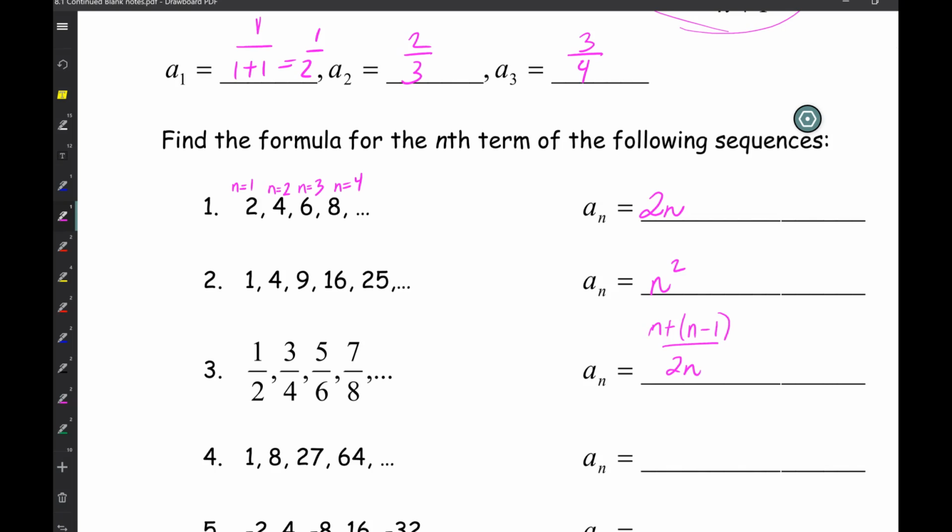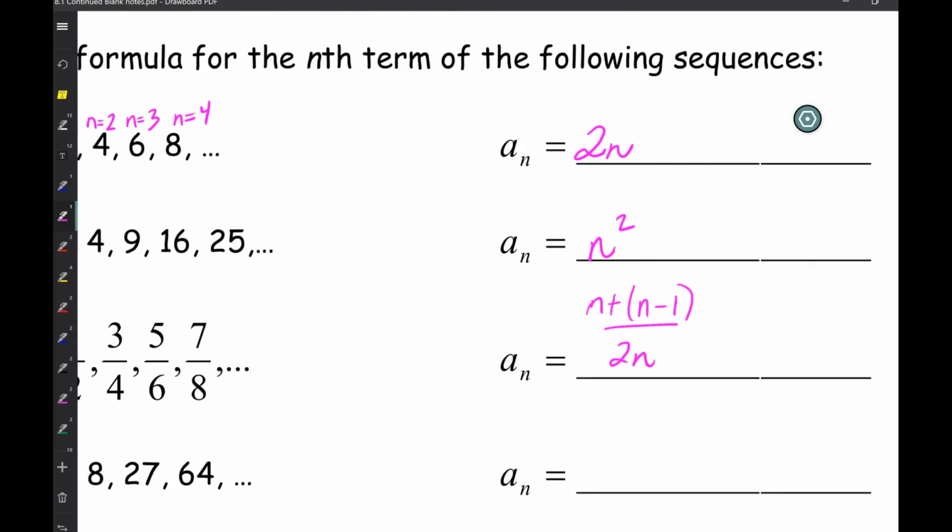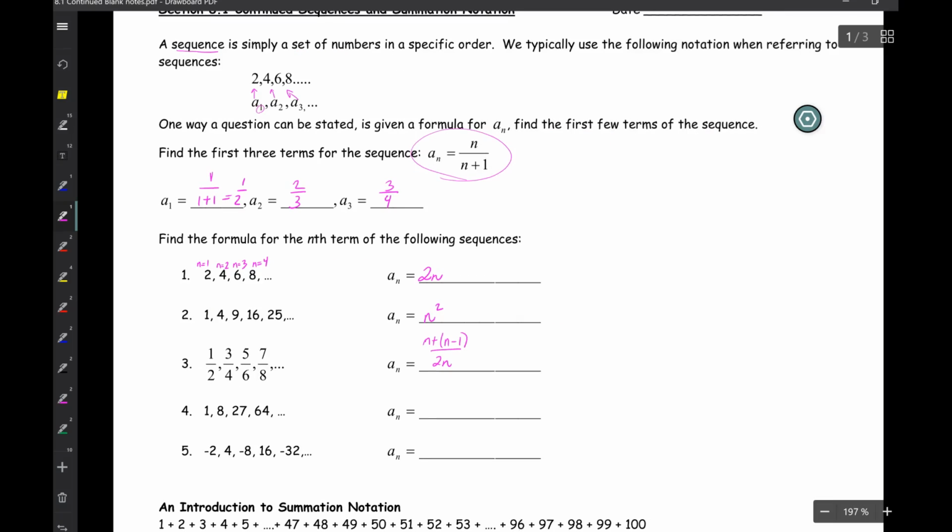Nice. Now, a lot of people were struggling with number 3. And really what's happening in the numerator are odd numbers. Guys, this is something great to write off to the side, just because odd and even values show up all the time.